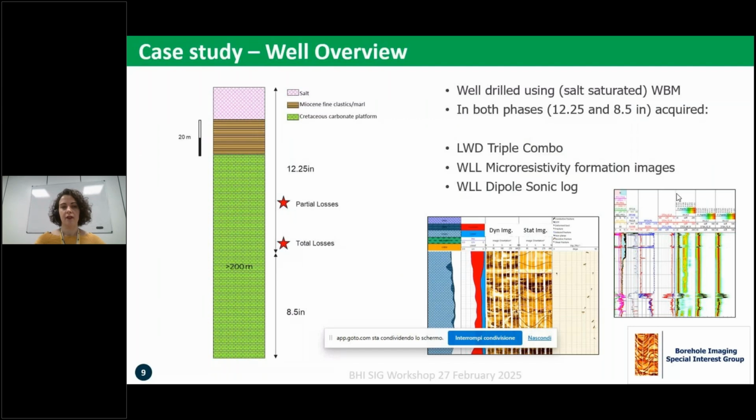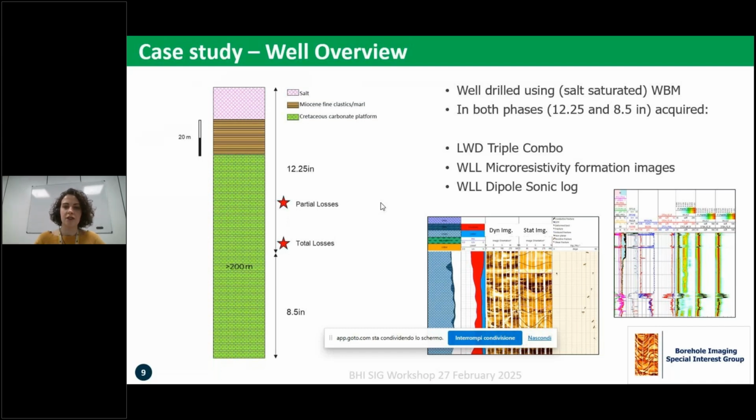Just a brief overview of the well. As I said, the reservoir is a carbonate reservoir with a ceiling composed by a salt subsection and a marl ceiling, and the mud used to drill this well was a water-based mud, and the main phases which drilled the reservoir were 12 and a quarter and 8 and a half.